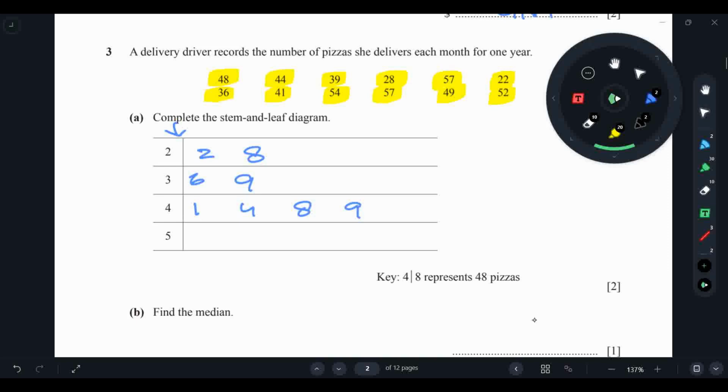Keep this in mind: if you have two repeated numbers, we need to represent both of them, like 57 and 57.